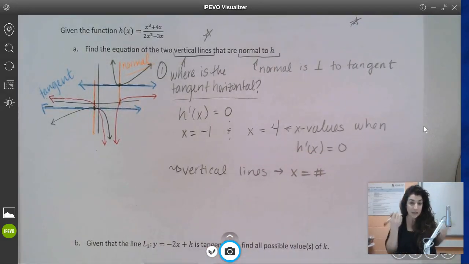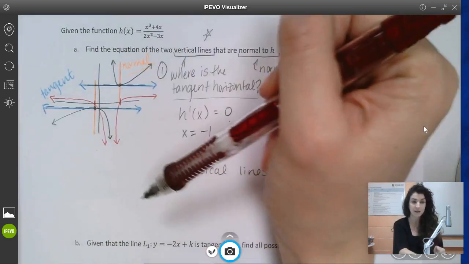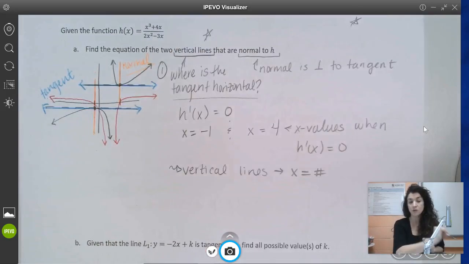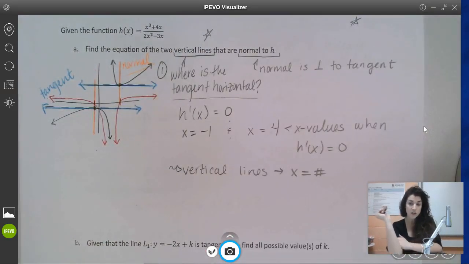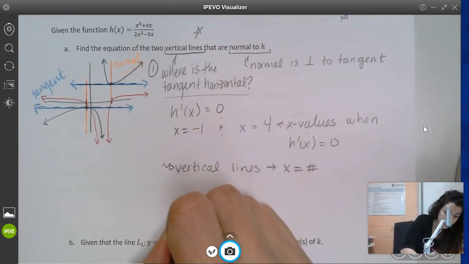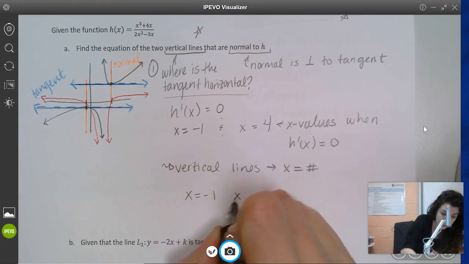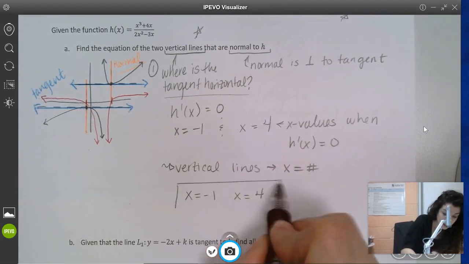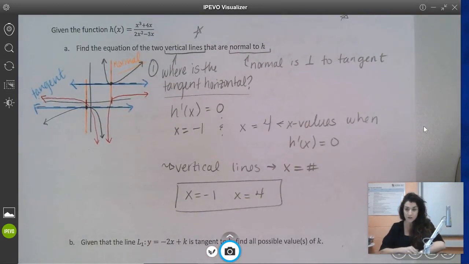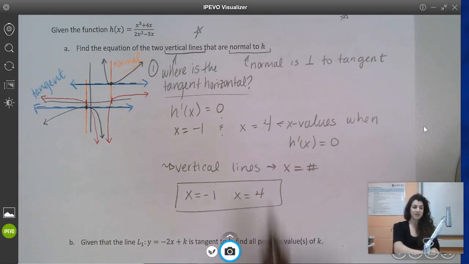Well, that number is x equals -1 and x equals 4. That would be the equation of the normal line that is vertical. So your answer is x equals -1 and x equals 4 as equations, not necessarily as values, but as equations of vertical lines.